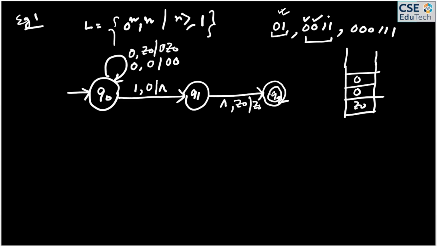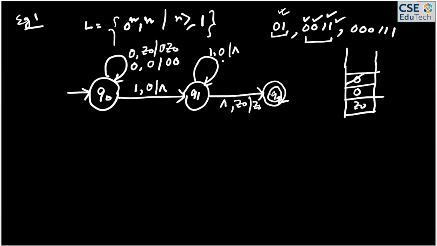Now when the first 1 comes, you use this transition, 1 then 0. That means your input is 1, your stack top symbol is 0, just replace this by empty, null, and you reach state q1. In state q1 again your input is 1, and at that time the stack top symbol is 0, so you can make a transition like this, where input is 1, stack top is 0, replaced by null.